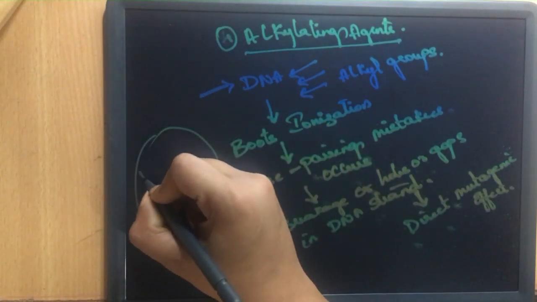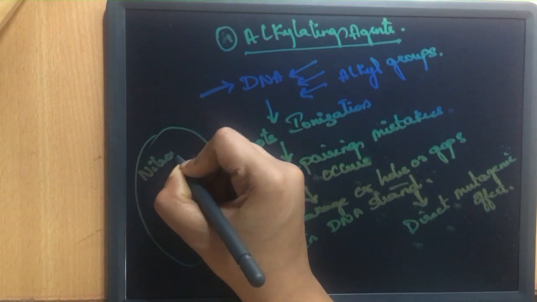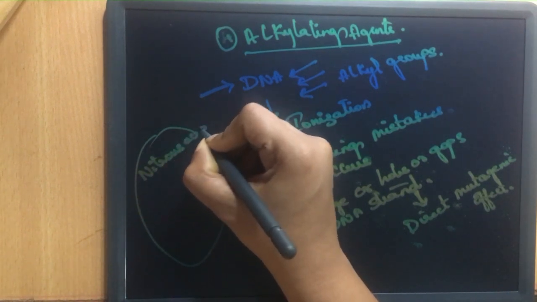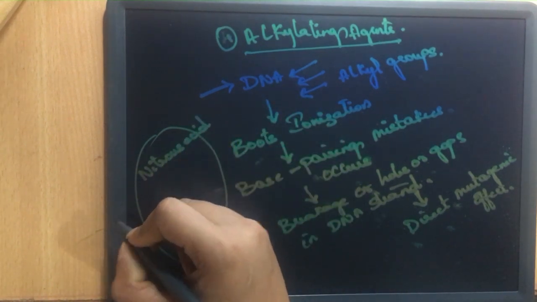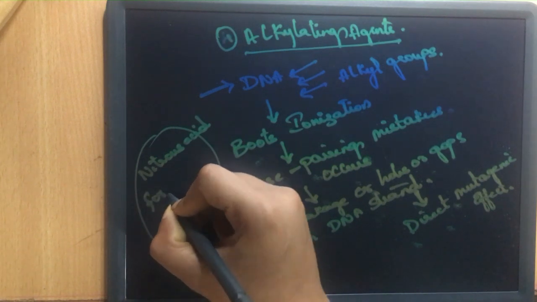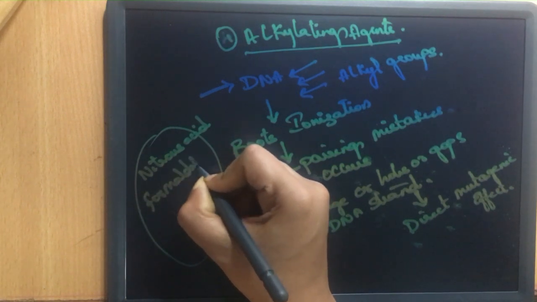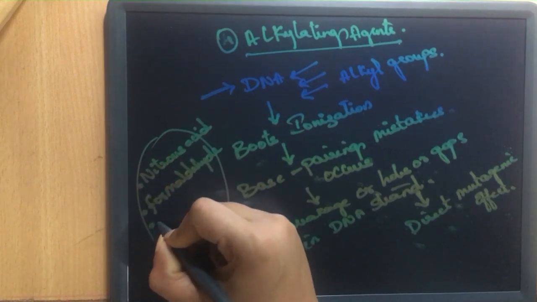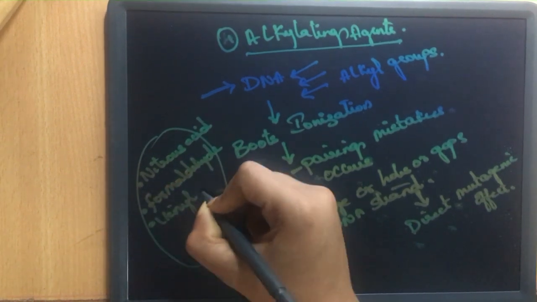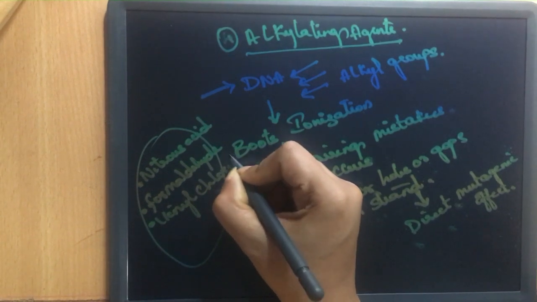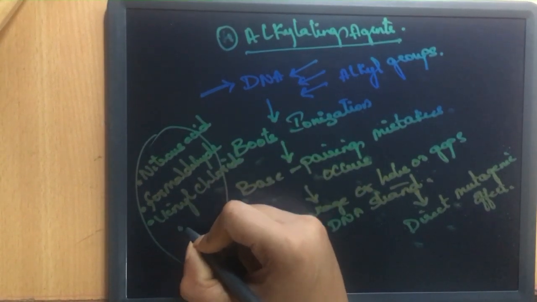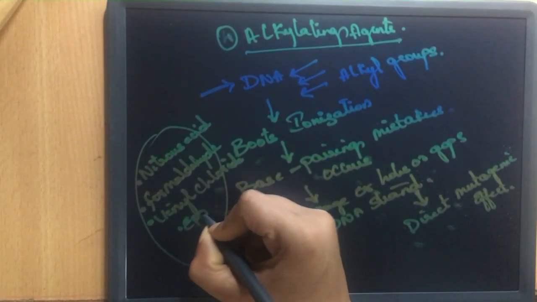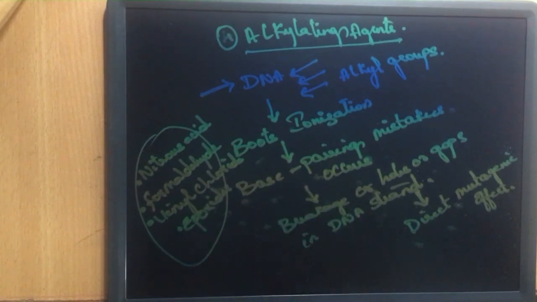The examples are nitrous acid, then formaldehyde, and vinyl chloride, and epoxides, etc. So these are examples of alkylating agents.